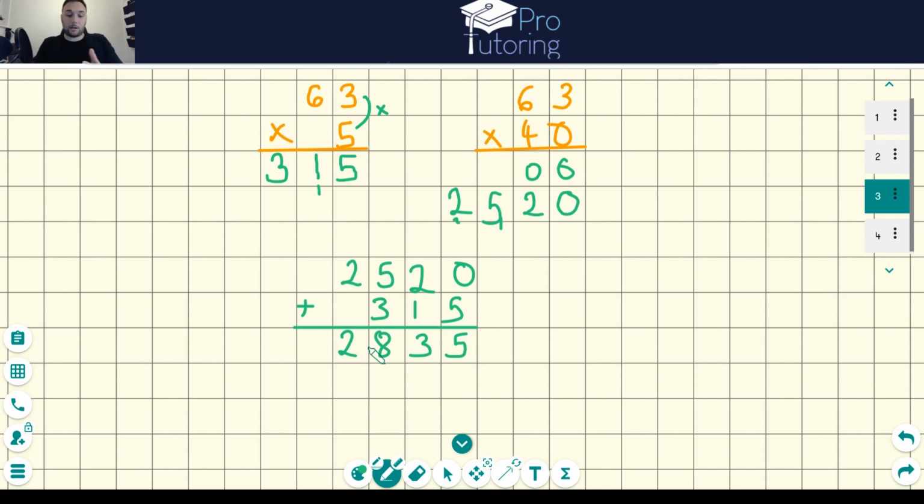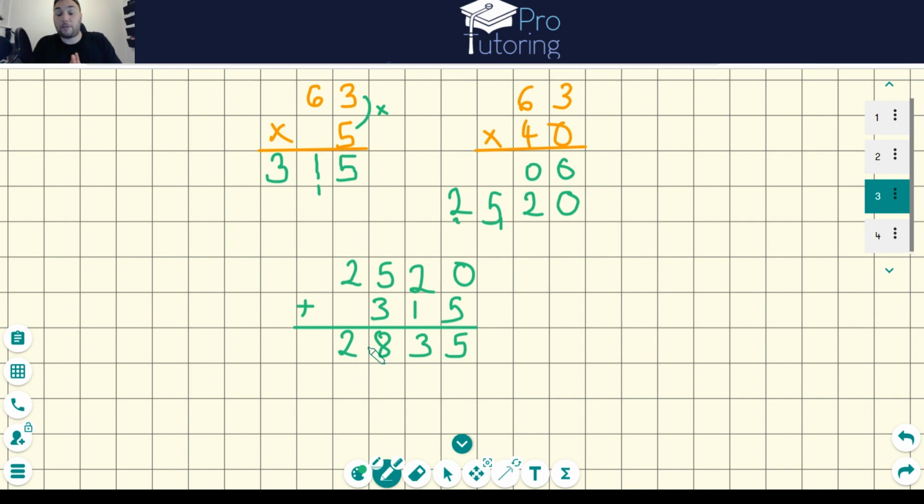And I tell you what, this time I'm going to use the calculator on my phone. So we have 63 multiplied by 45, and we should get 2,835, which is correct.